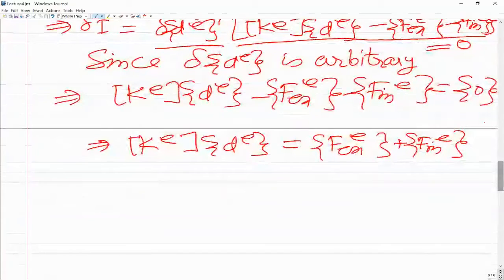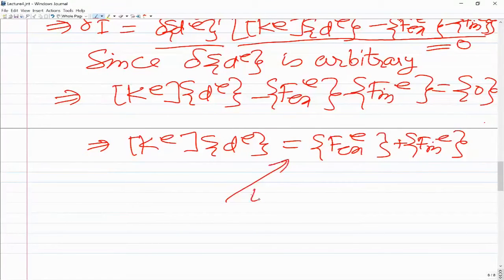And if you see, this is the same as what we did from the weak form also. The form, if you look at it, is the same. Whatever way we had written the weak form, this is similar to that. So this whole equation is the element level governing equation, or elemental governing equation.